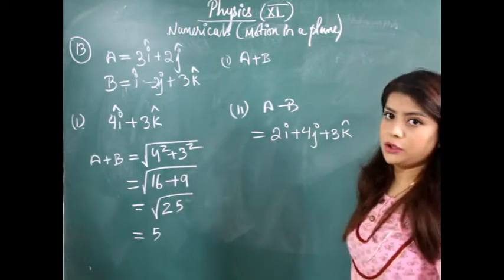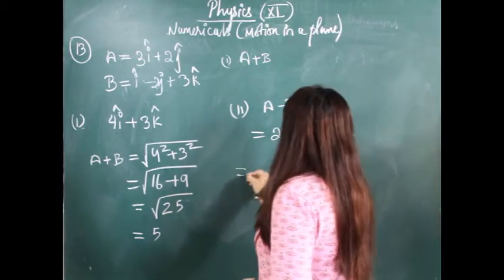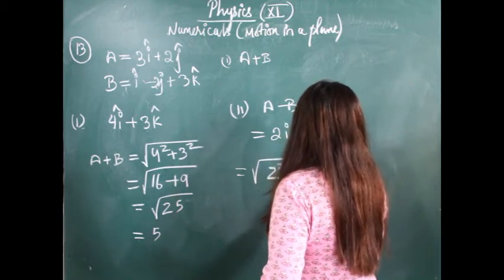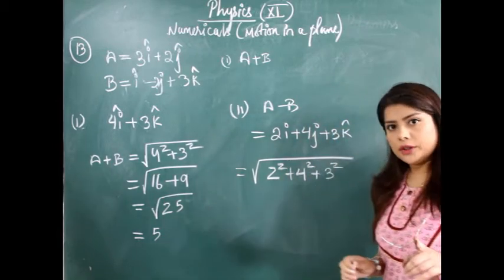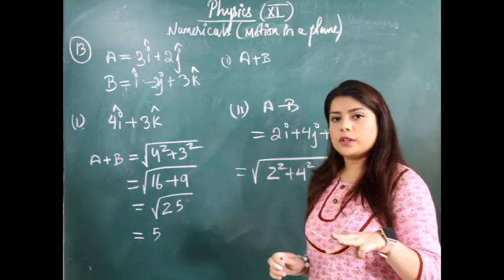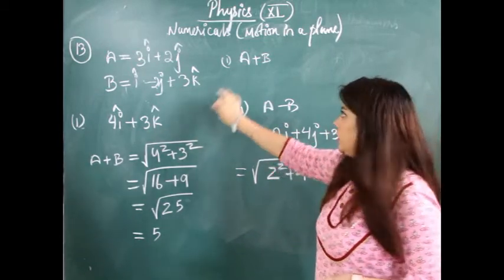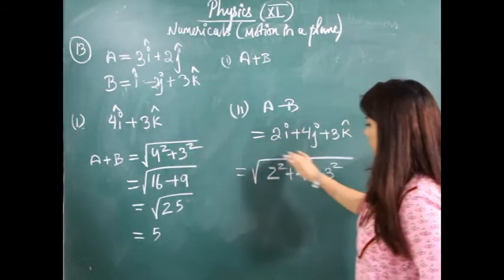Now to find the magnitude, the process is the same. So the square root of 2 squared plus 4 squared plus 3 squared. If one vector, two vectors or three vectors are given, we add, subtract, or whatever is to be done depending on the question, and then finding the magnitude is this part.